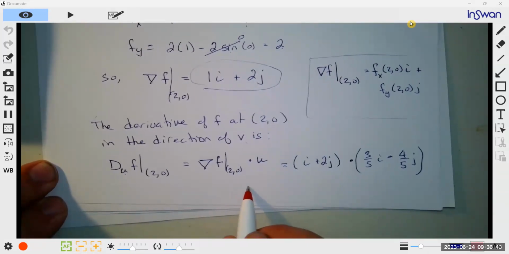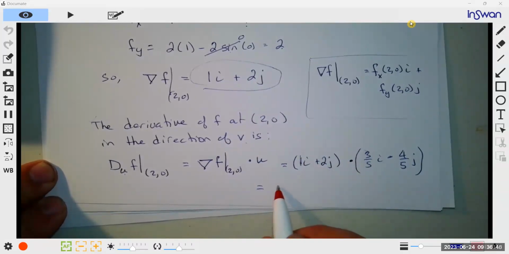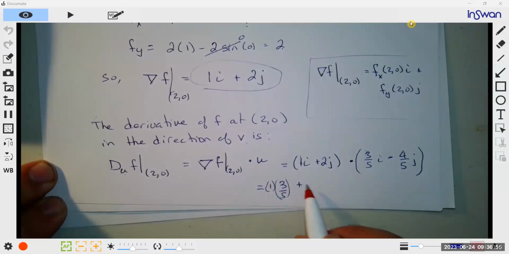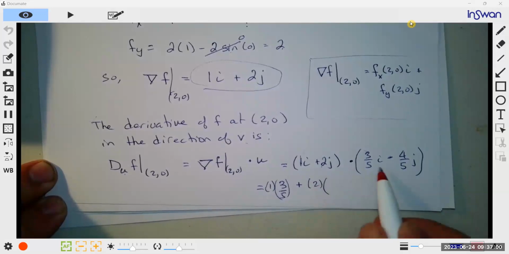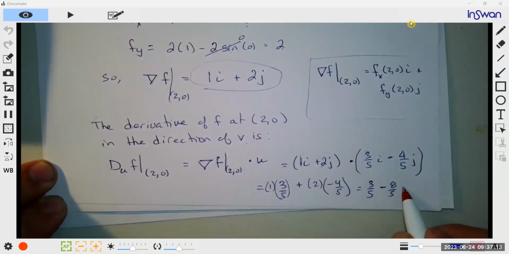To find the dot product, 1 times 3 over 5 plus 2 times negative 4 over 5 is 3 over 5 minus 8 over 5 equals negative 5 over 5, which is negative 1.